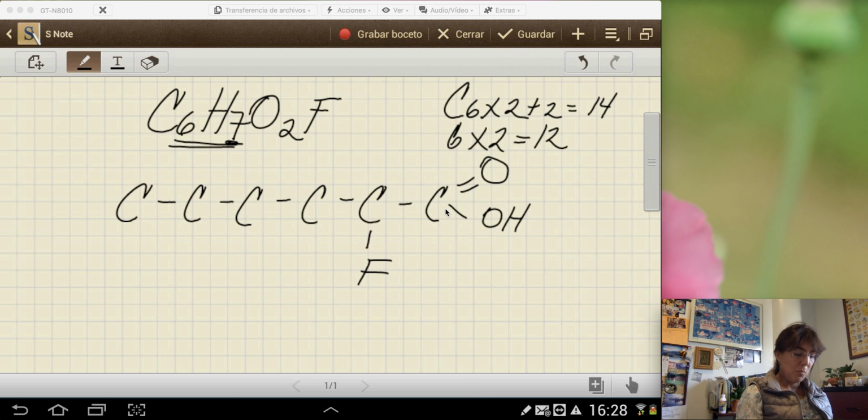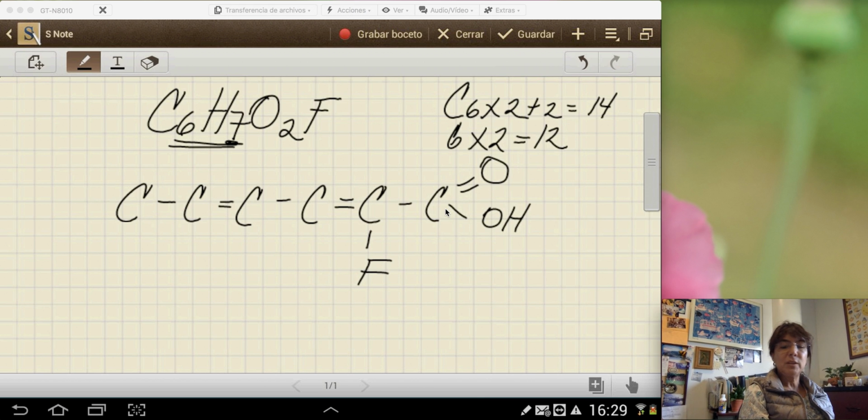It's still more unsaturated. So I'm adding, let's see, 2 more double bonds into my structure. Let's put it like this and like this. I could very well be making this a structure with a triple bond.